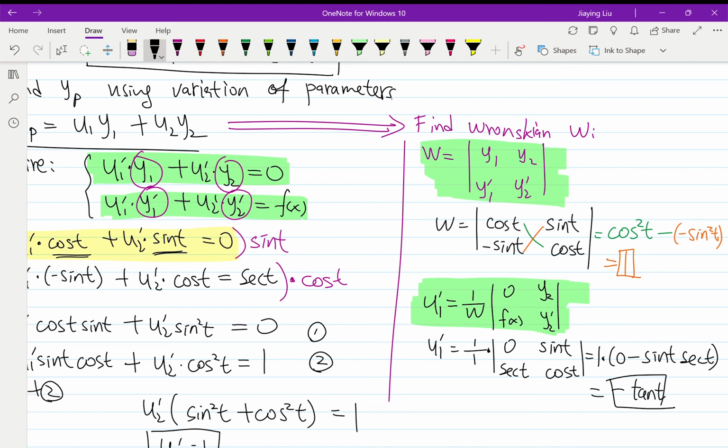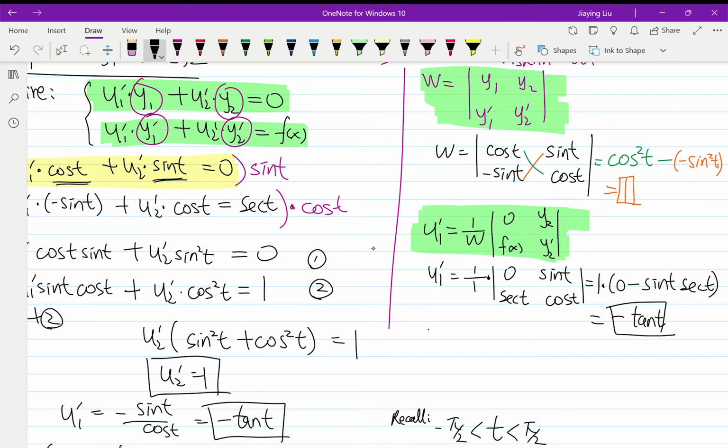And then we can apply the same thing to find u2 prime, which is 1 over W. In the matrix for that formula, the first column is the same as the Wronskian, but the second column will be 0, f of x. So we get y1 prime.